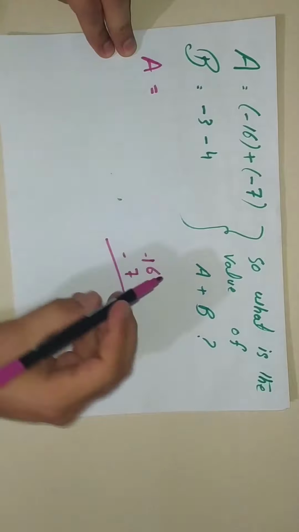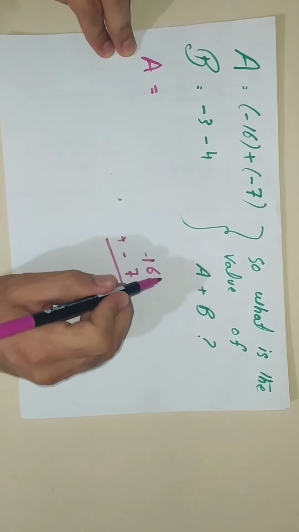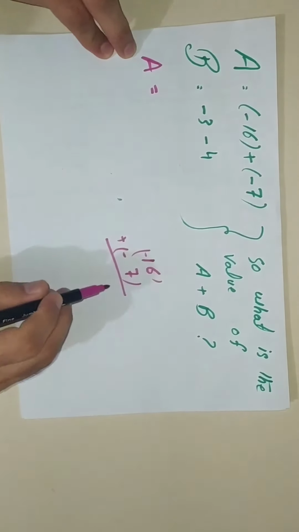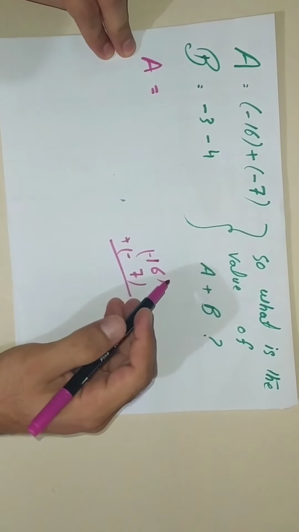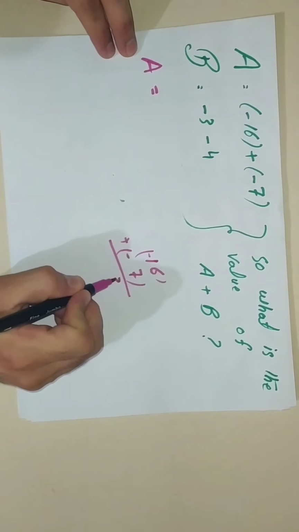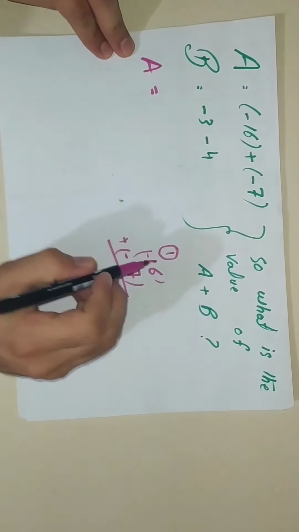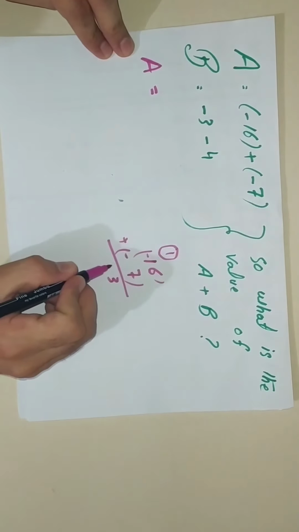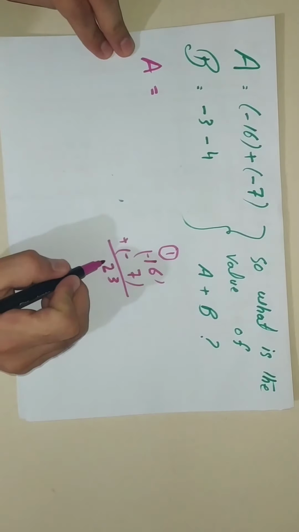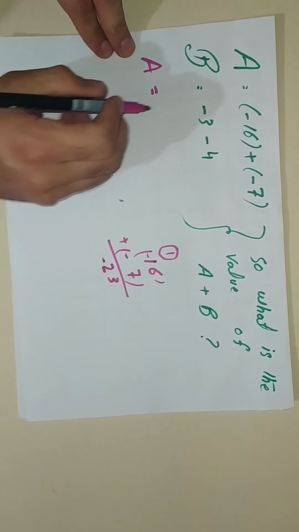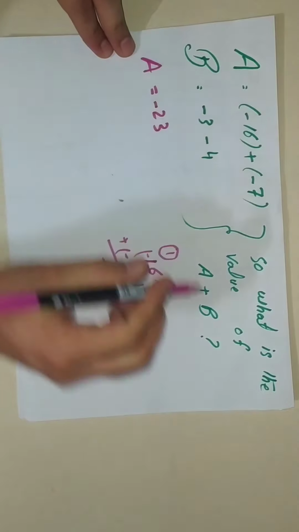So we have to add these both numbers. 7 plus 6 is equal to 13. We will write 3 here and 1 we will add to the next number, so it will be 2. So it is 23, but it is minus 23. So the value of A is minus 23.